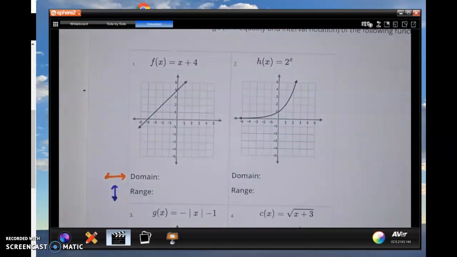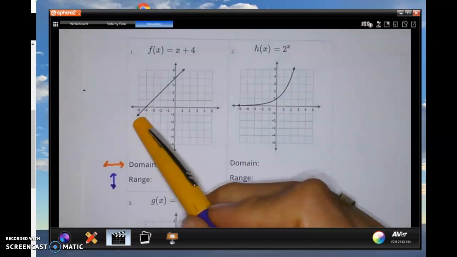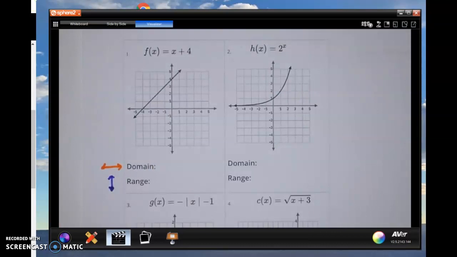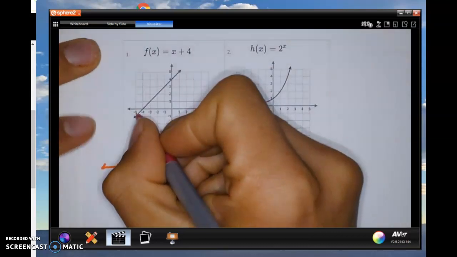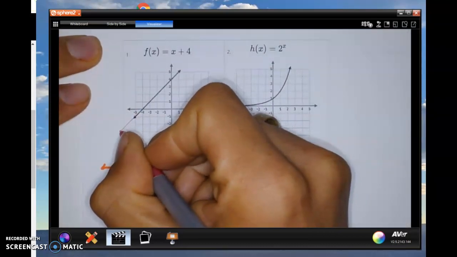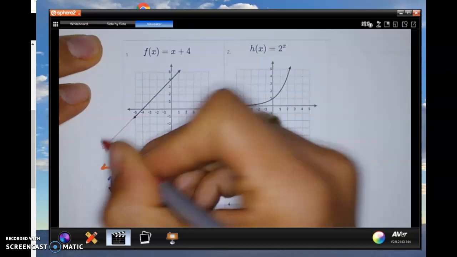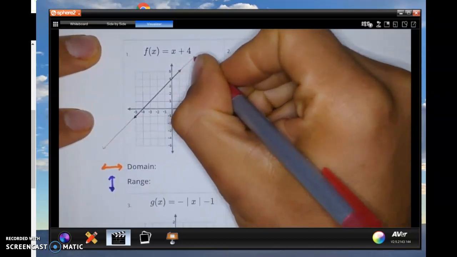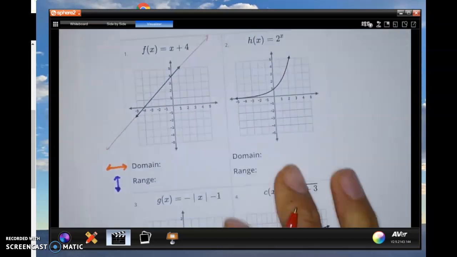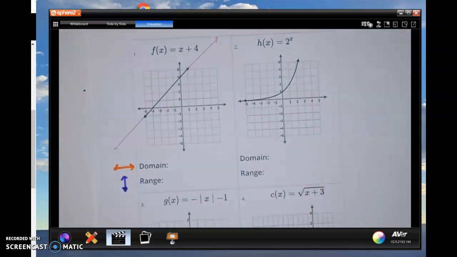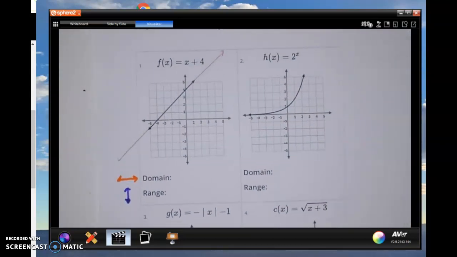So for domain, notice we have an arrow here. I like to see this graph as being extended beyond just our graph. Remember, arrows tell us that our graph continues going in each direction.